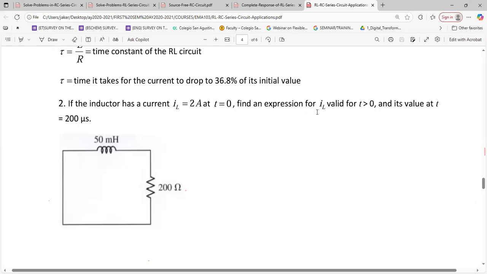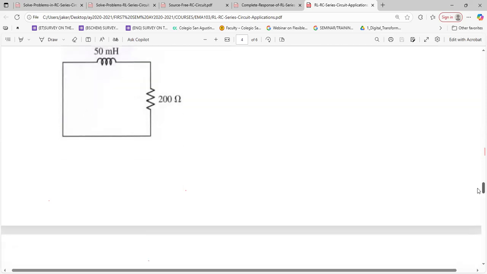Find an expression for the current in the RL circuit valid for time greater than 0 and its value at time equal to 200 microseconds. These are the values: the resistance is 200 ohms and the 50 millihenries is your inductance.